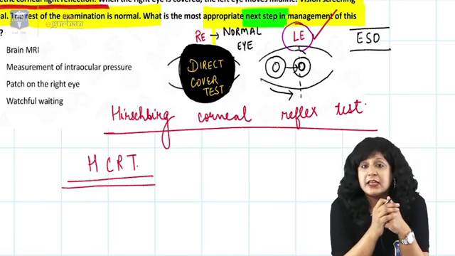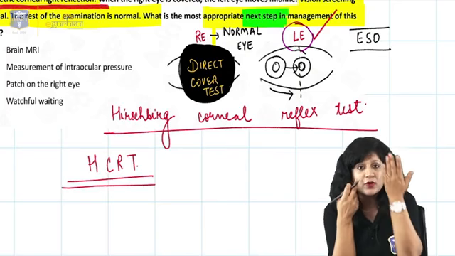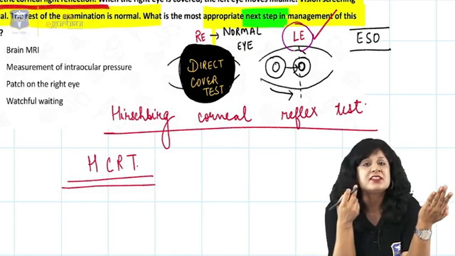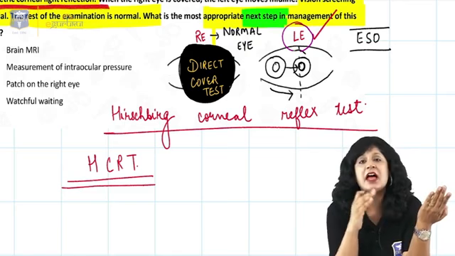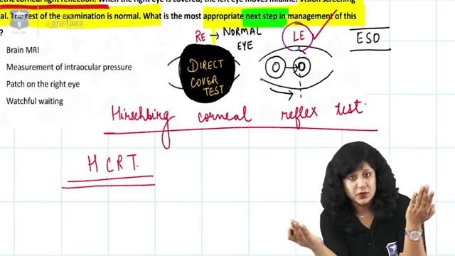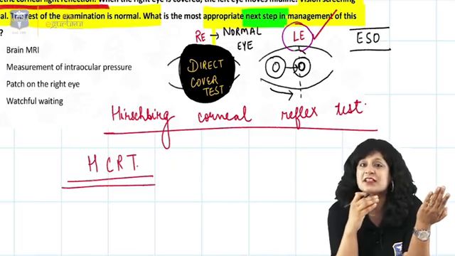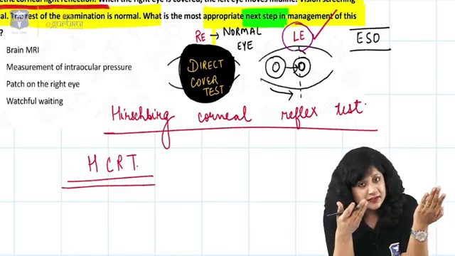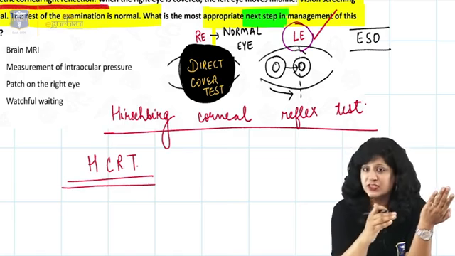Now obviously when this eye is having intermittent convergent squint and you are covering the other eye, I am doing the direct cover test. Okay, don't get confused with the cover-uncover test. Cover-uncover test we do for the latent squint, where the squint is hidden. But here the squint is manifesting intermittently and the eye is going in. So the patient has the intermittent convergent squint.